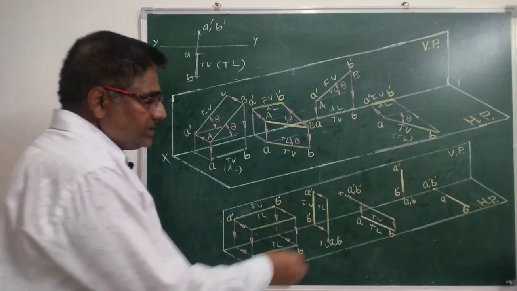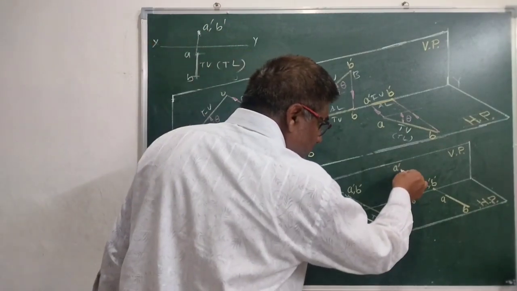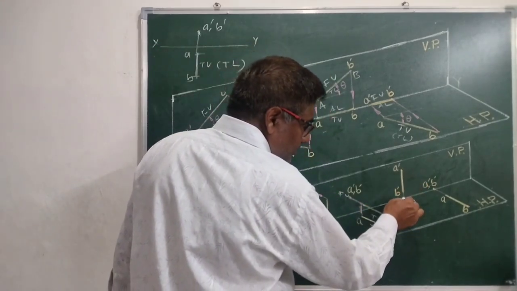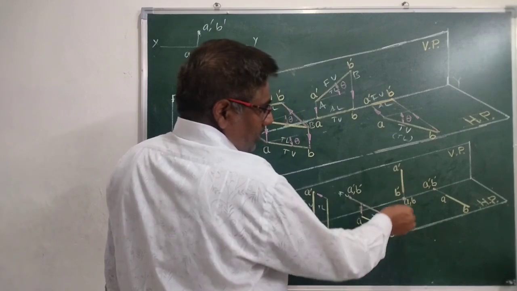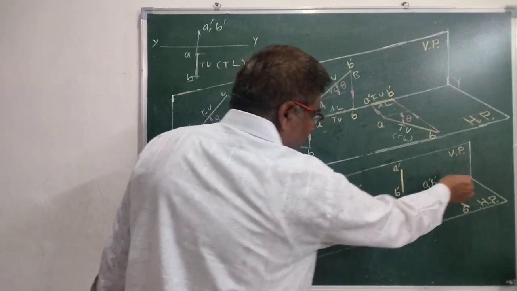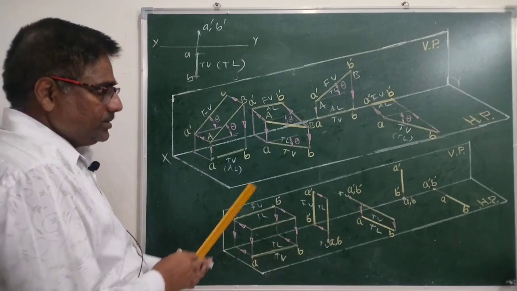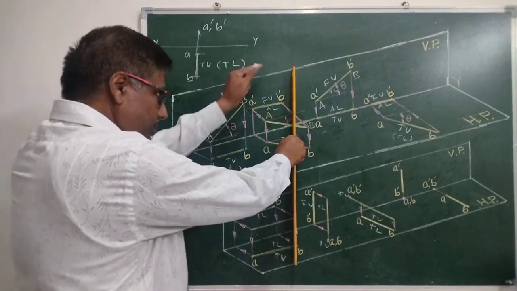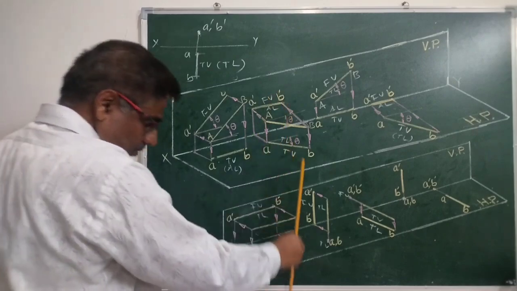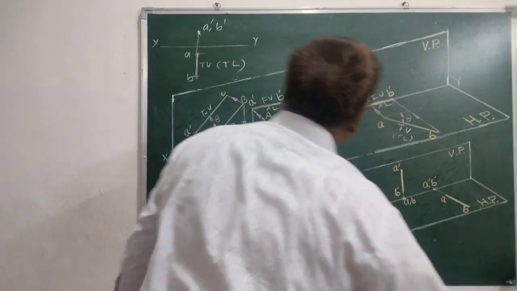Now, when the line is perpendicular to HP and it is in VP, when you try to draw its top view, both A and B will coincide, and will come on XY line as it is in VP. If you project both the ends, the top view of both the ends will fall on XY line.